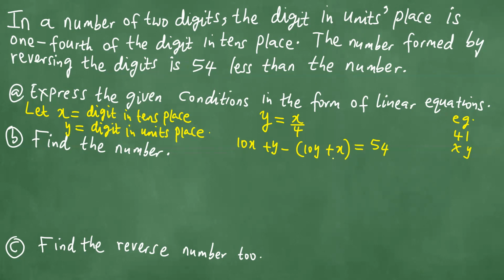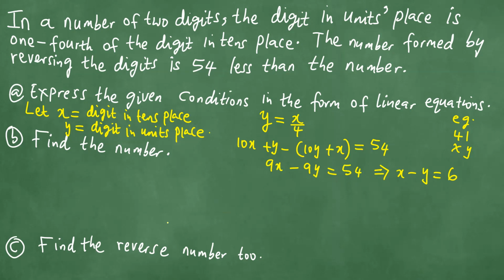And if we analyze that very carefully, we have 10x minus x, and so that is exactly 9x. And then we have 9y minus 10y, which is minus 9y, equals 54. So if you divide through by 9, you have x minus y equals 6.